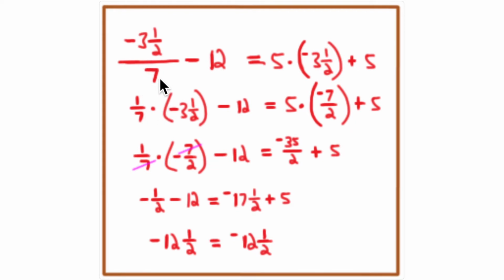Well, I have sevenths as the denominator, and if I change this to an improper fraction, I'm going to end up with 7 as the numerator, because 2 times 3 is 6, plus 1 more is 7, so that's a negative 7/2. So a negative 2 times 3 is a negative 6, plus another negative 1/2.